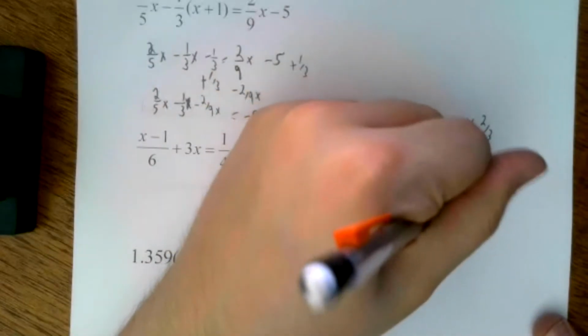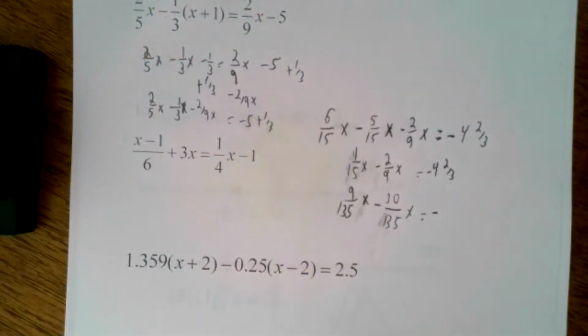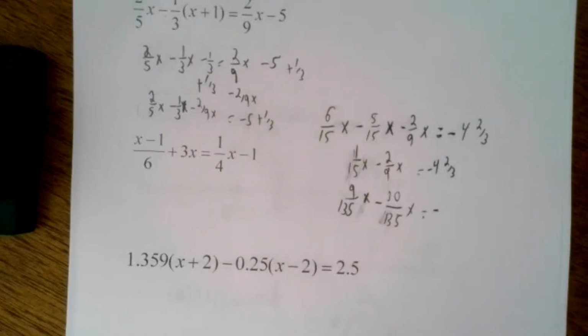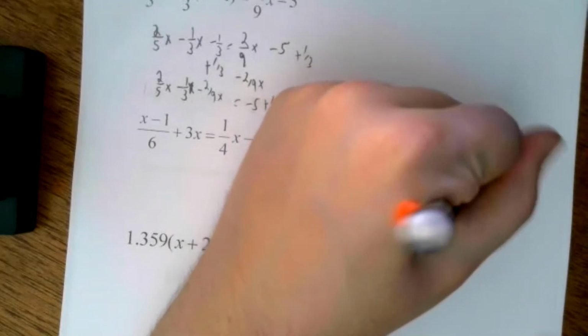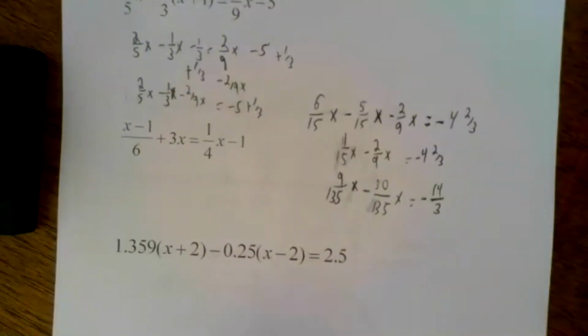And that's still equal to a negative, and I'm going to change this into an improper fraction. I know that 4 times 3 is 12, and then I need to add the 2. So this is the same thing as -14/3. I'm just changing that into an improper fraction.